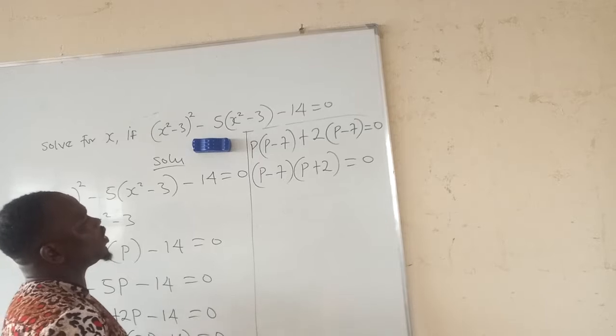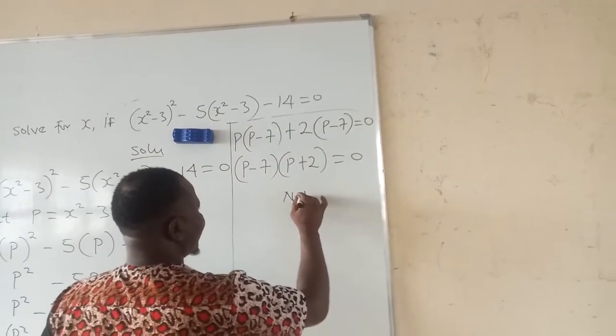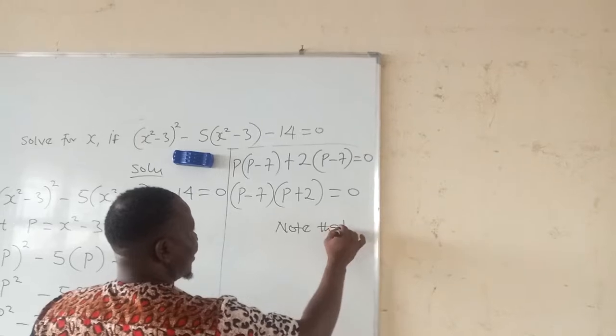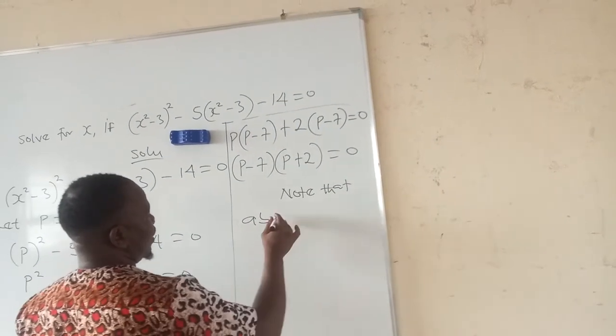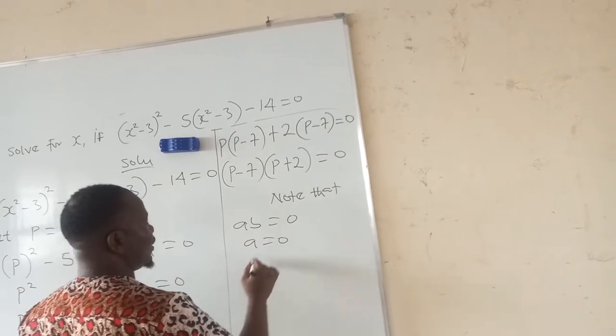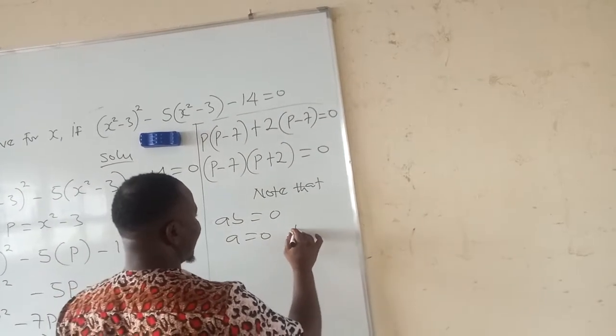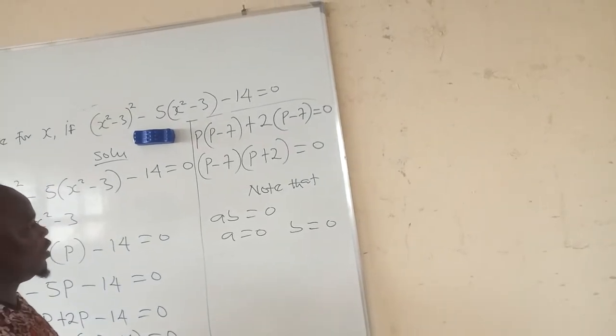You know, in quadratic equation, note that if we have AB equals to 0, this implies that our A is equals to 0 and B is also equals to 0. True or false? Is that clear?